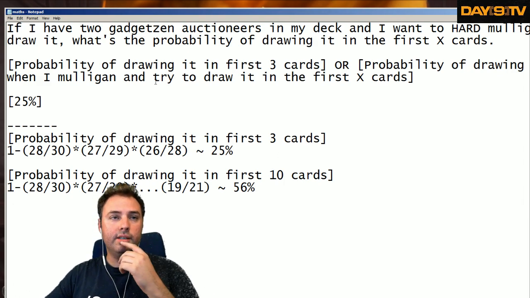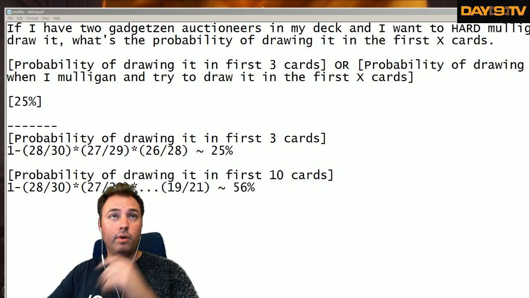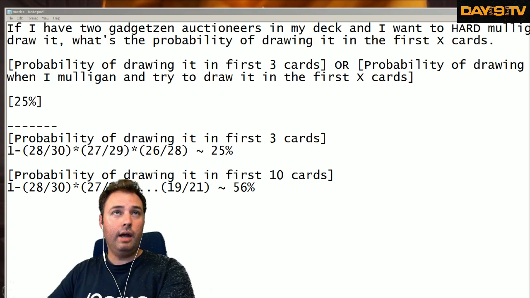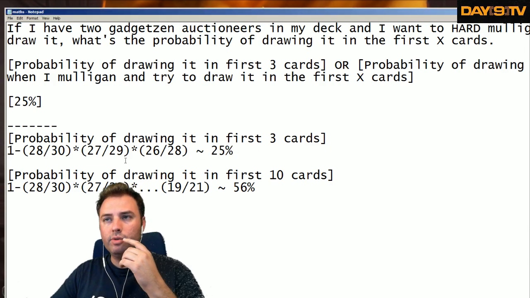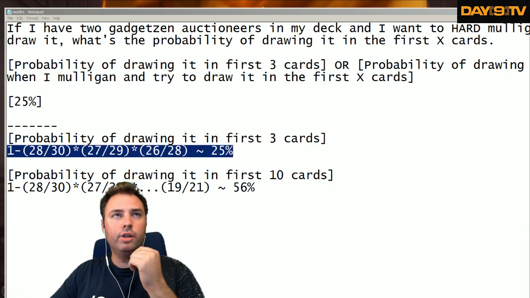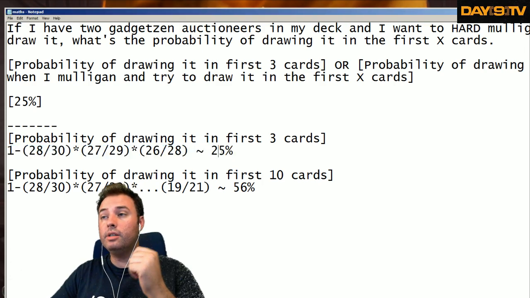Oh, that 25% of the time was 4 cards? Am I doing something wrong? Am I just misremembering what we computed? Am I miscomputing? I thought this was 25%. Let me just look it up real fast on Google. No, you're correct. Sorry, this is 20% of the time.